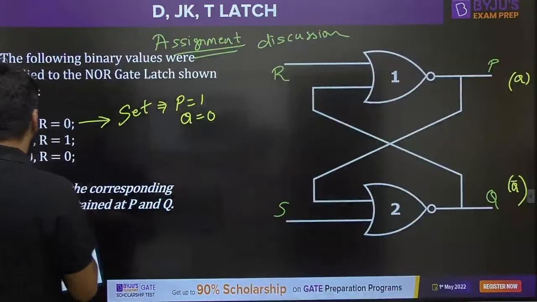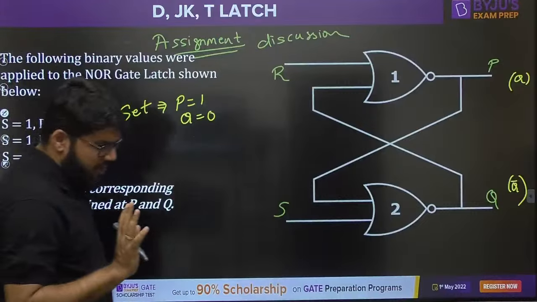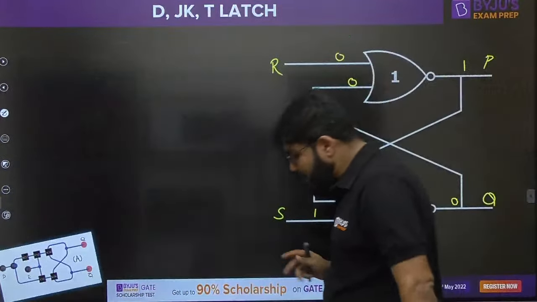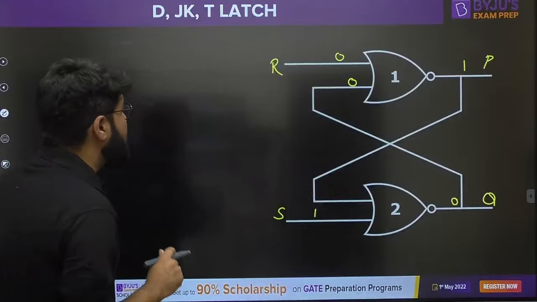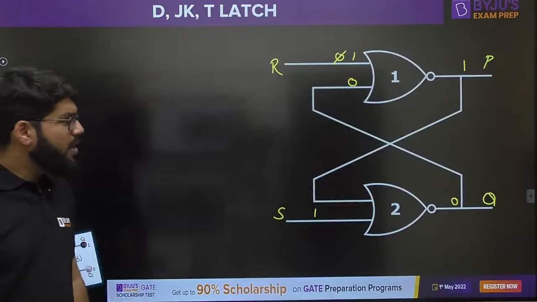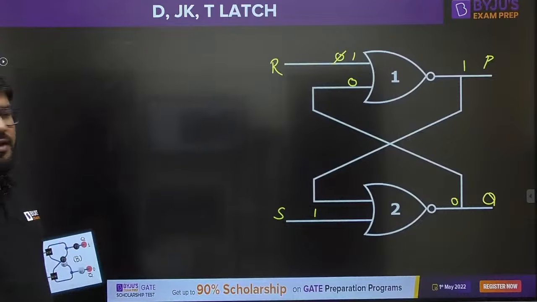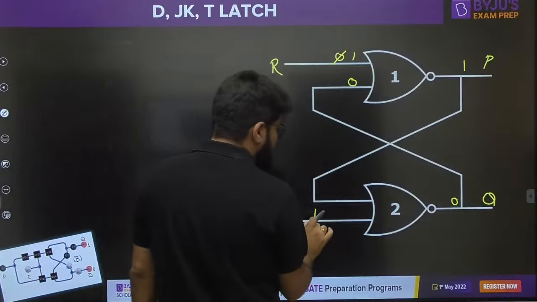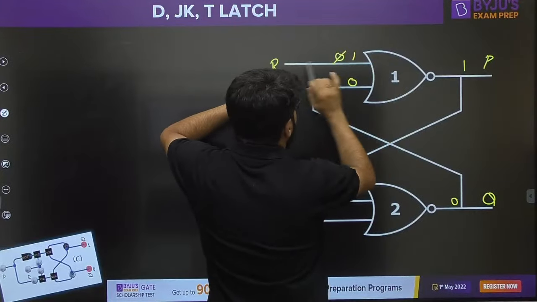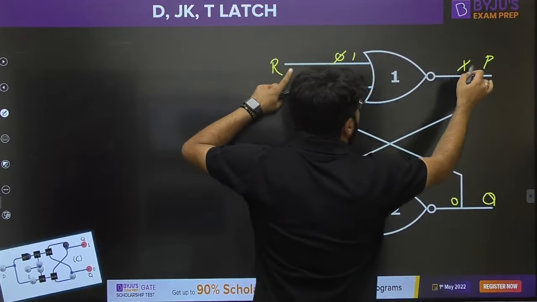Now S equal to 1, R equal to 1. We know that this corresponds to the invalid state. So what happens when both the inputs are equal to 1? Now I am going to make R equal to 1. Because S is also 1 and R is also 1, look at NOR gate number 1: any input high, the output becomes 0.